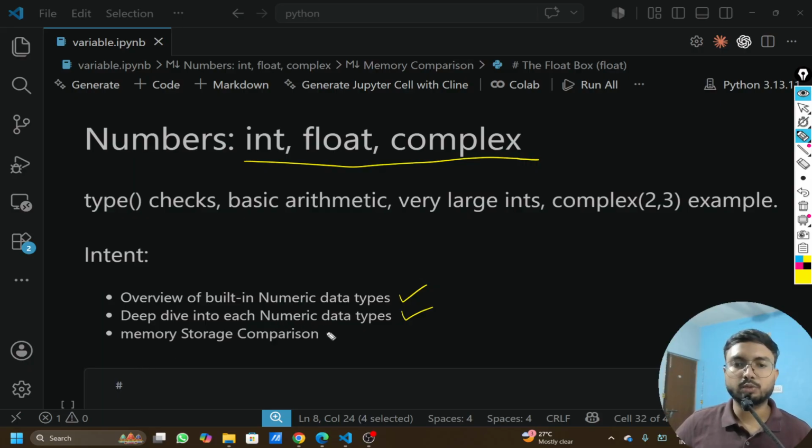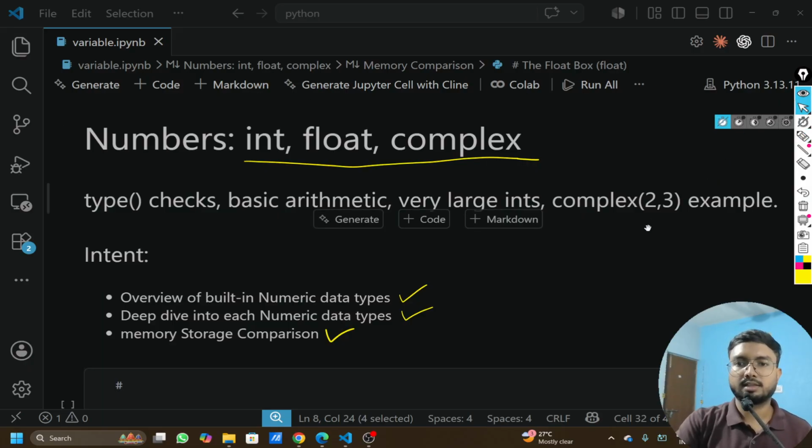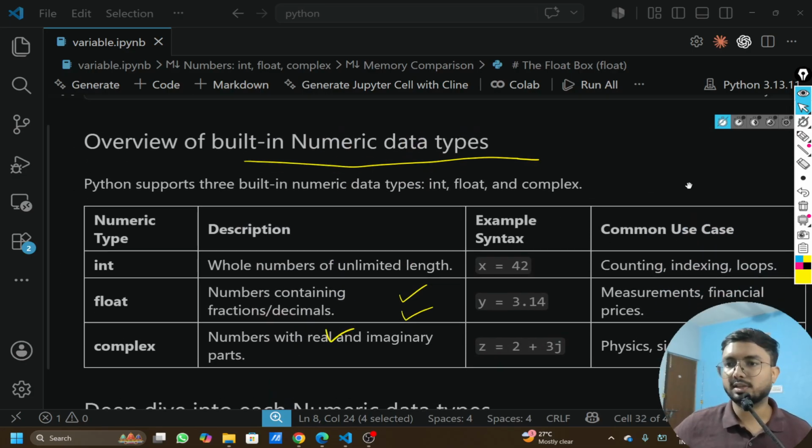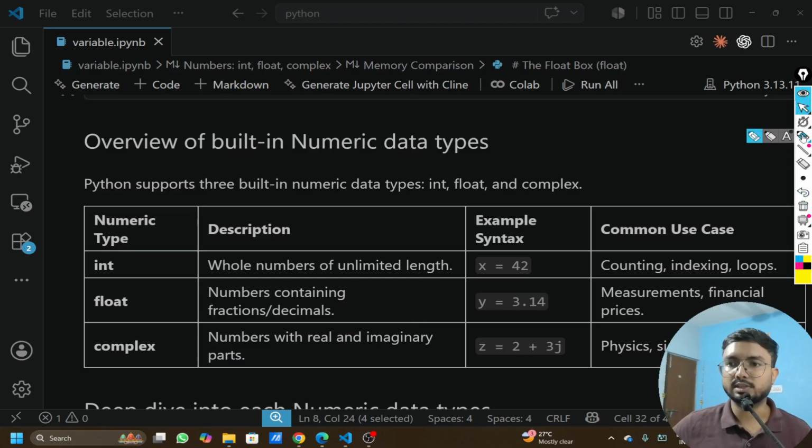And then we'll also compare the storage, like in which bucket Python is storing the different things related to these data types, so that you can optimally use these resources. So with that, let's get started. Let's see this table and try to understand the numeric data types.